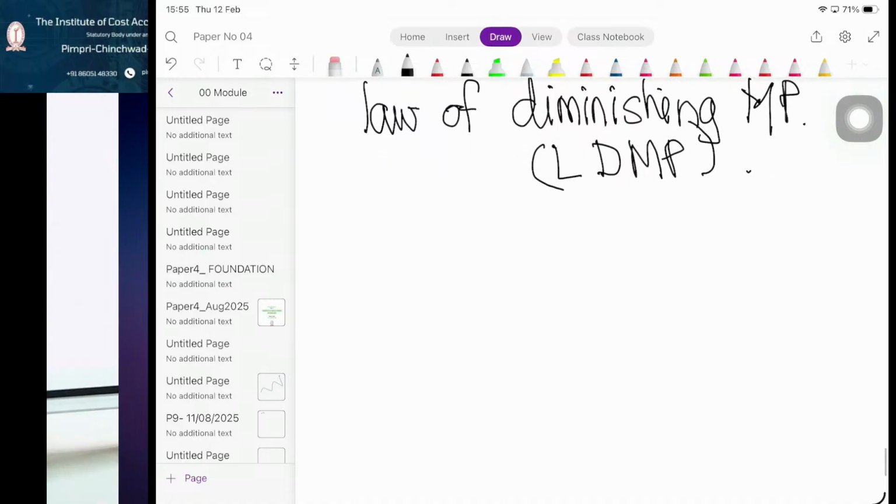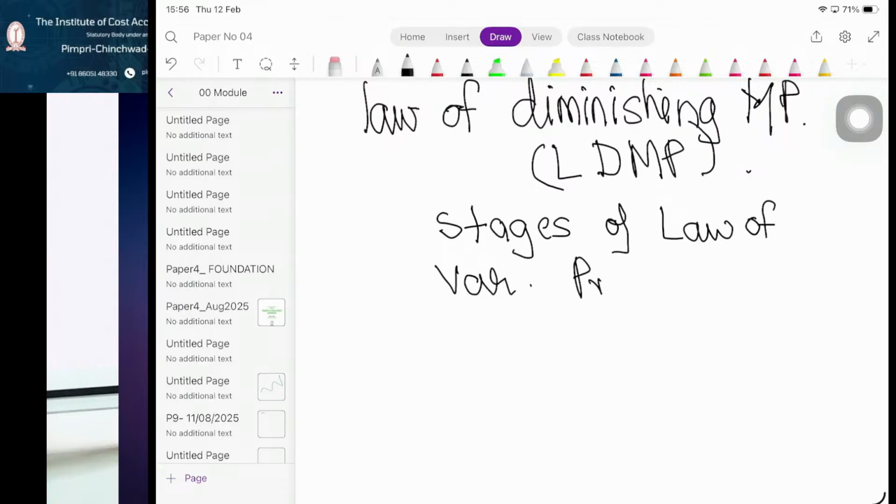Okay, so write stages of law of variable proportions. All of you pay attention, because this is the last thing we are doing for today's lecture. So we are now trying to write the stages of the law of variable proportions.